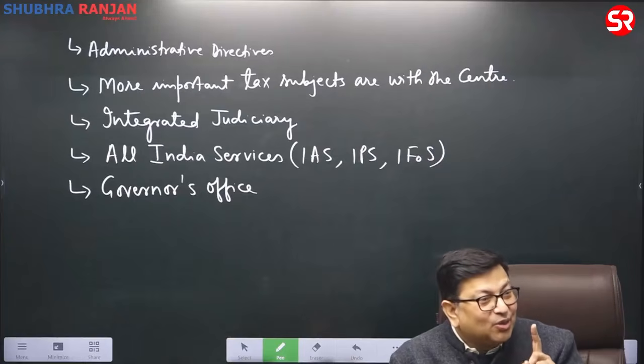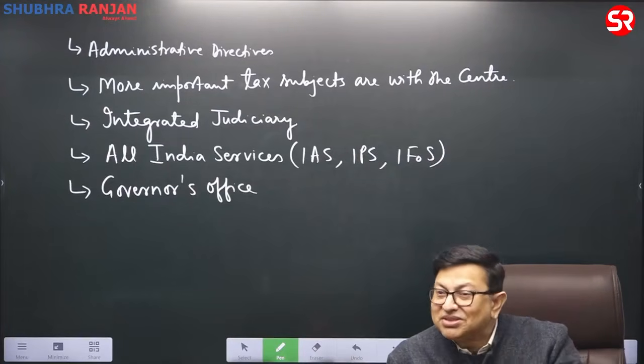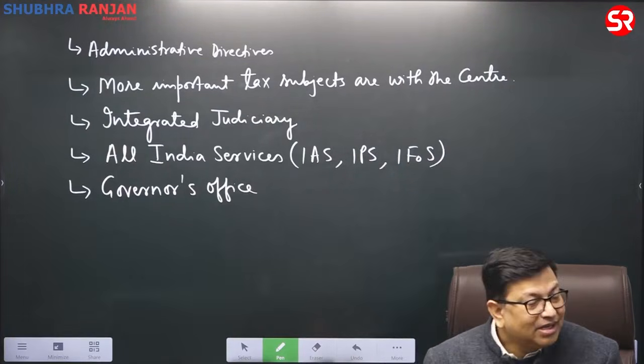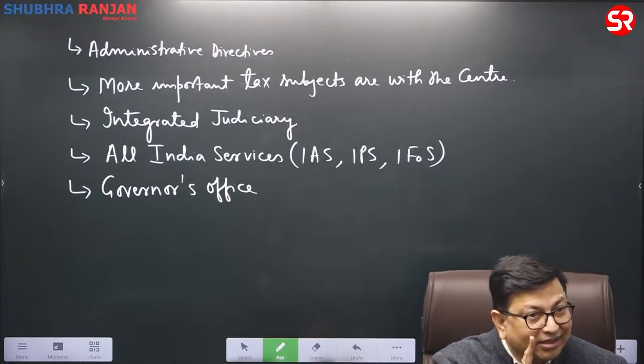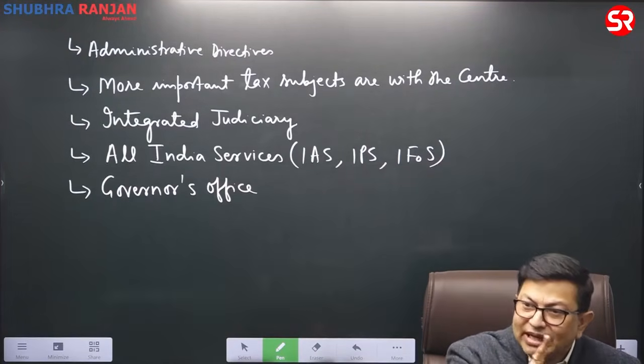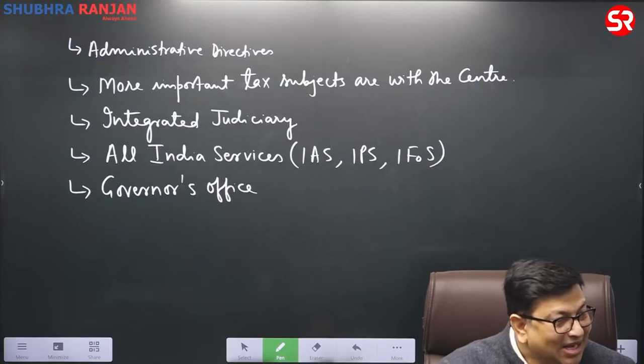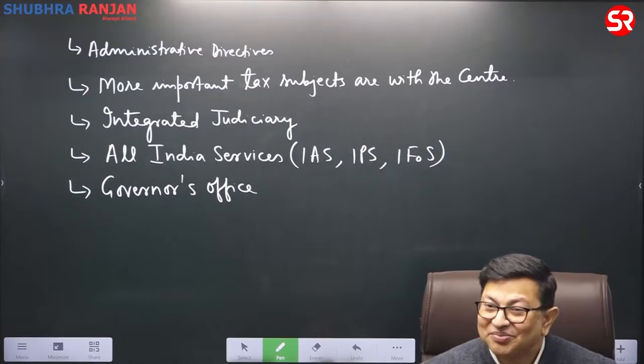So in the Constituent Assembly, three views were discussed. First, some of the members were of the view that the governor should be directly elected by the people. Now, this was the first view which was given.